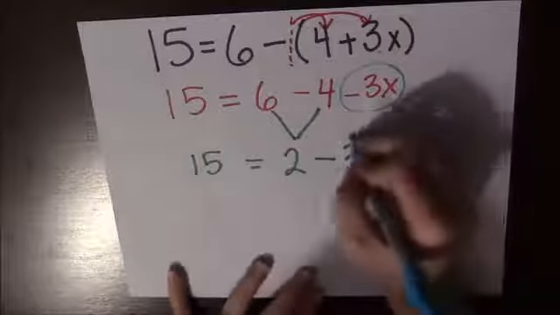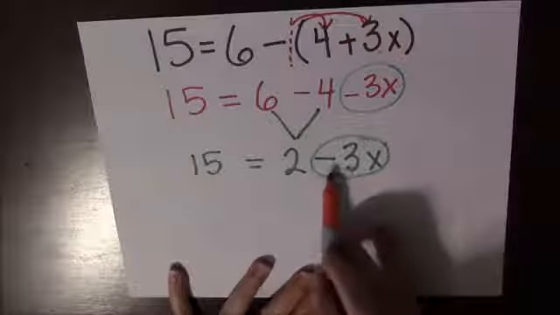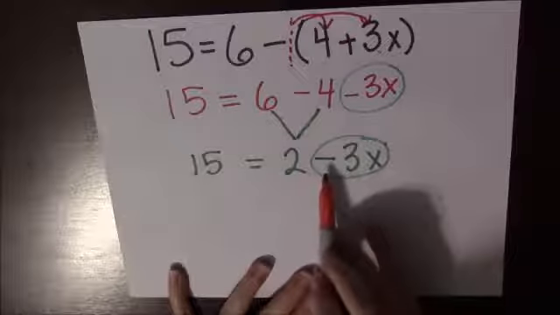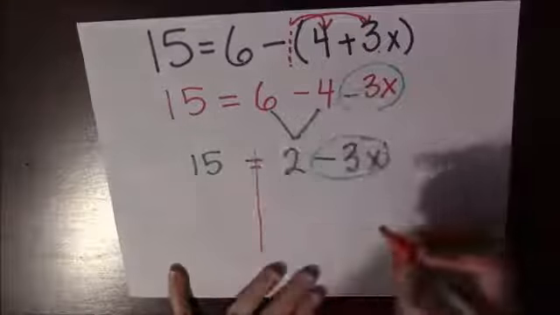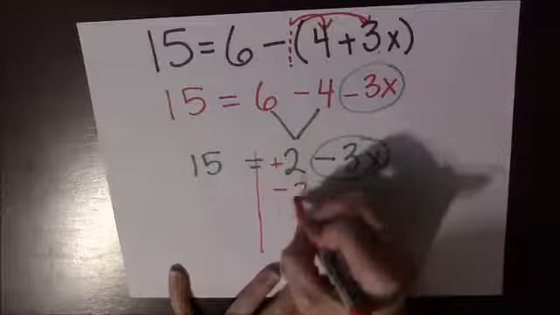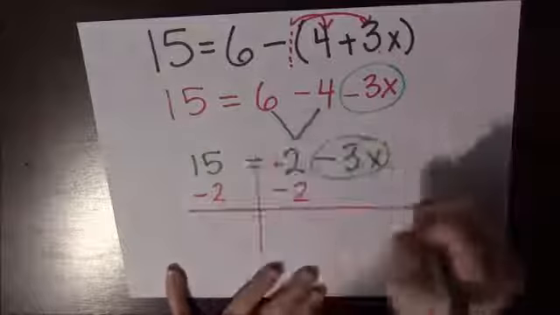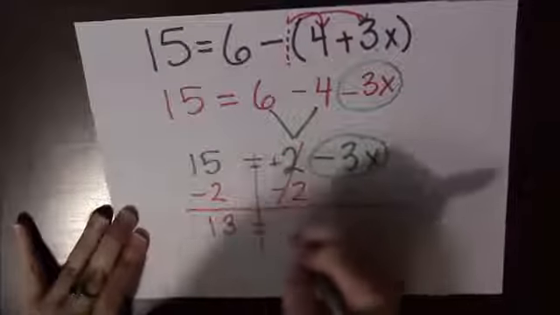So I circle my variable and coefficient again. And remember, this is negative 3x, not 3x. It's negative 3x. And how do I get rid of that 2? The invisible sign in front of the 2 is positive. So I subtract 2 from both sides. They cancel. So I have 13 equals negative 3x.